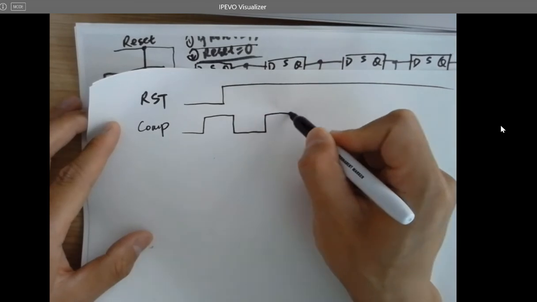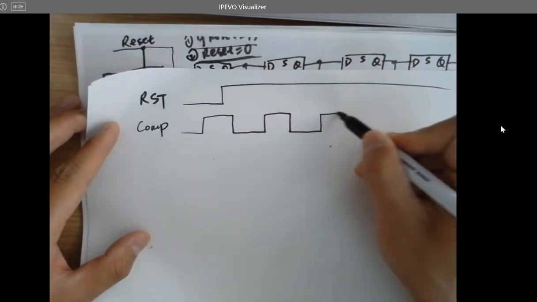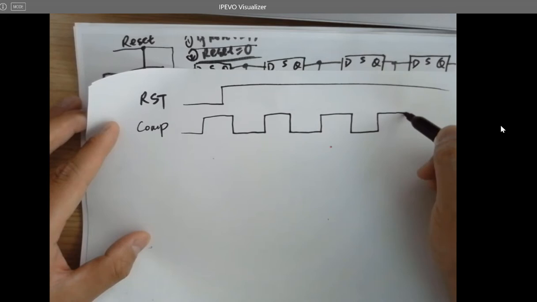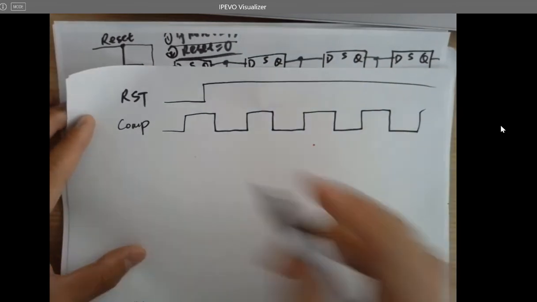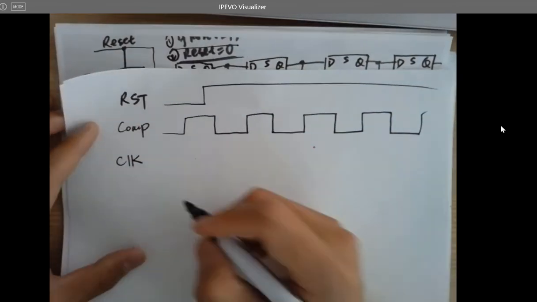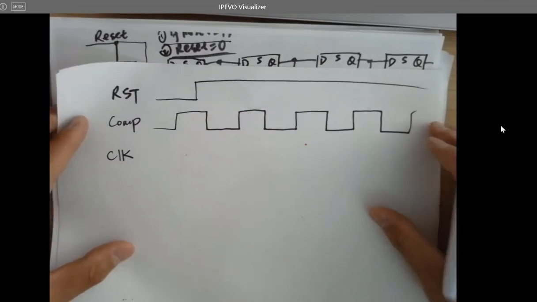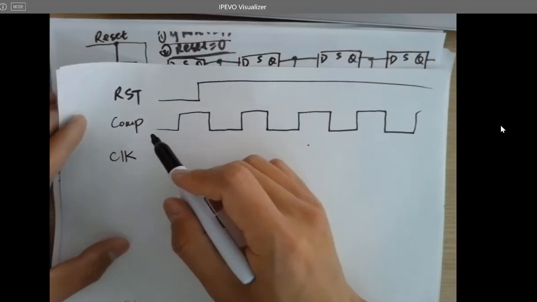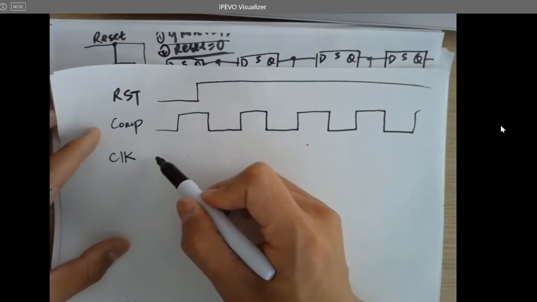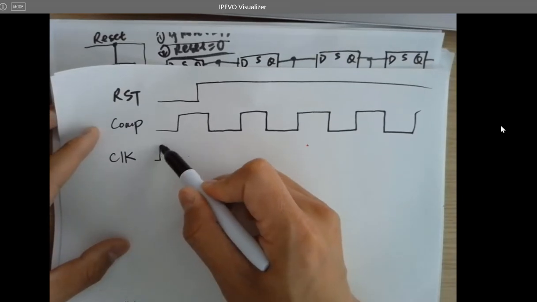Whatever you want to give it, but it just cannot be too fast or faster than the clock, right? For example, just give us this kind of signal, right? And then for the clock, you can create a pulse signal which is a lot faster than comp, because comp contains the data for the final output. So when you are doing this, you just give a clock.